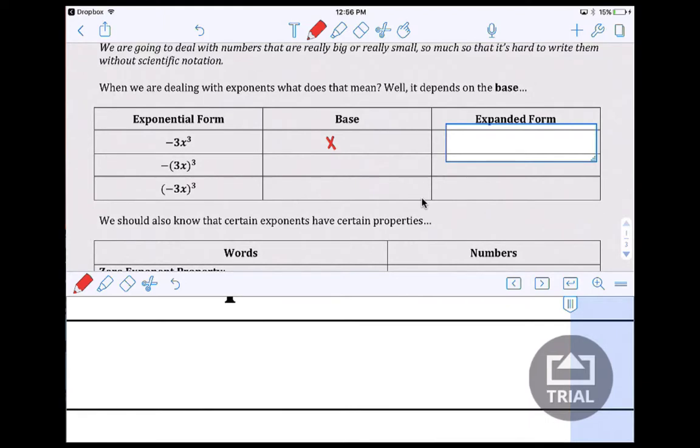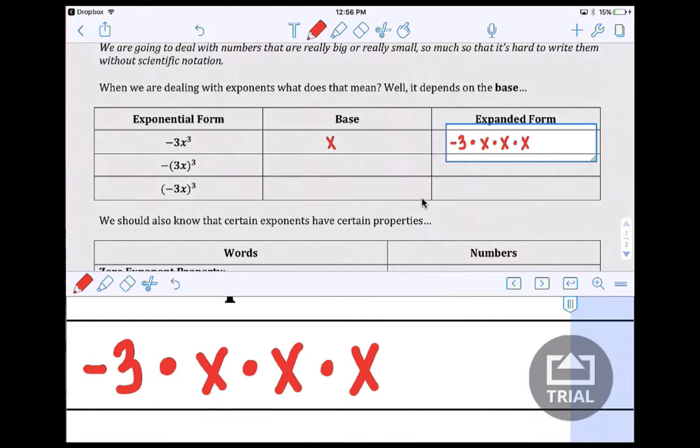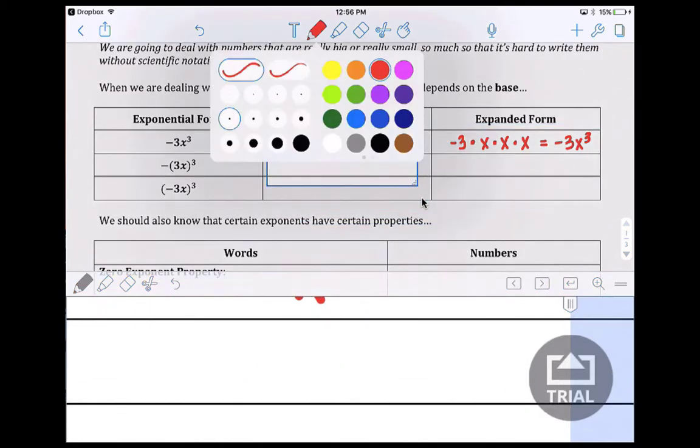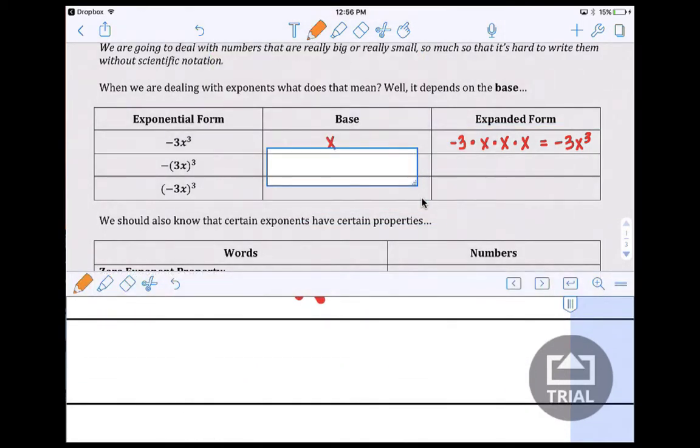Therefore, what this problem is actually asking me to do is take that negative 3 and multiply it by x 3 times. Now, if I actually did this problem, I should get what I originally had, which is negative 3x cubed. Pretty simple, pretty straightforward, but we gotta watch out for those parentheses because it changes what the answer is going to be sometimes.